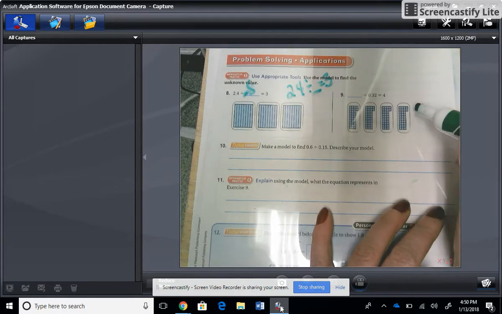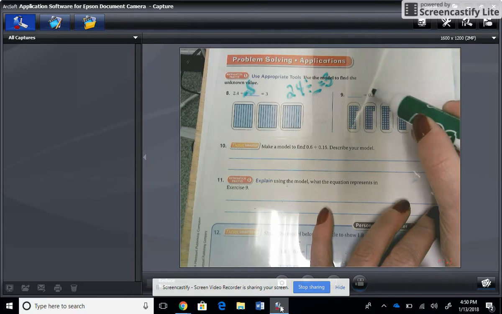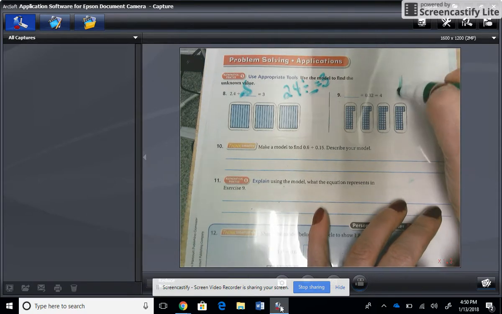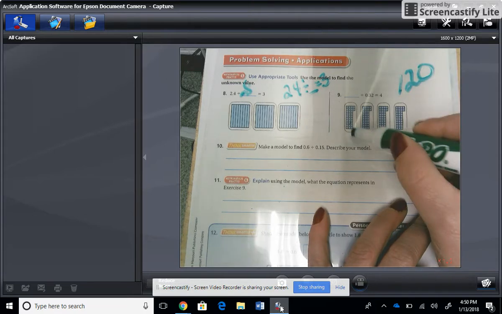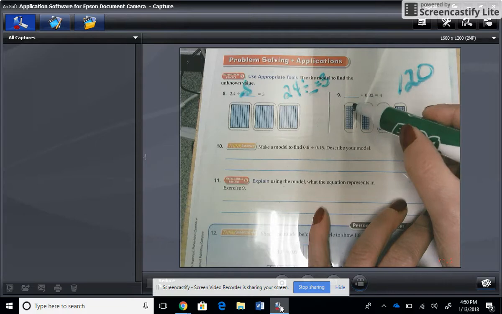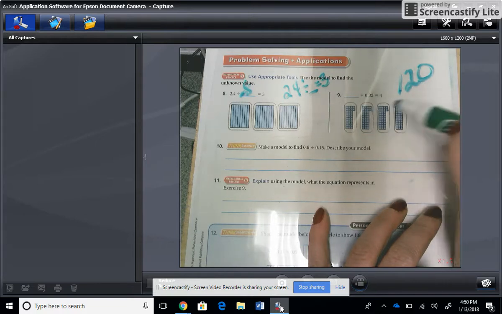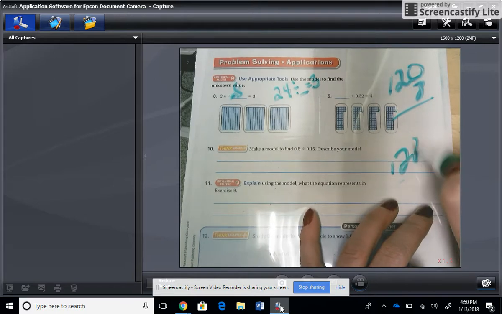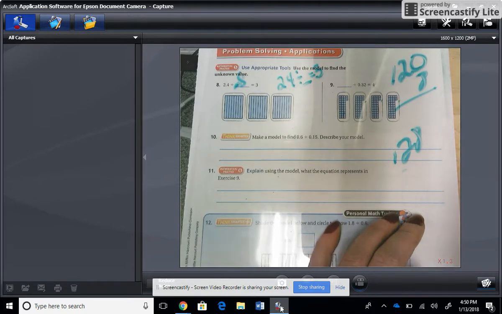Here, to figure this out, I could have put 32 in each group, with 4 groups. Now how many do I have all together? Well, I got 4 groups, and there's 30 in each group. 4 times 30 is 120 hundredths. And then I had 2 extra hundredths, so 2, 4, 6, 8. Add 8 onto that, so I have 128.